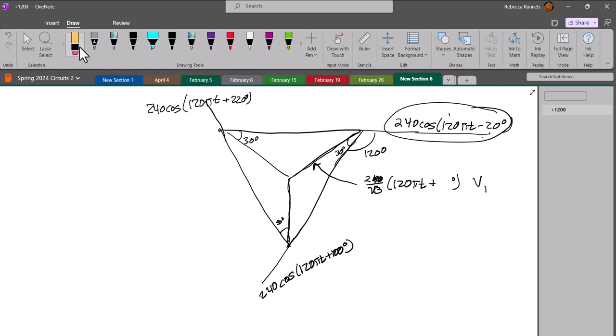So I think that my notes are wrong here and that the delta is 30 degrees more than the Y. Is that what y'all have? And so if V12 in the delta is angle -20, then V1 in the Y would be angle -50.